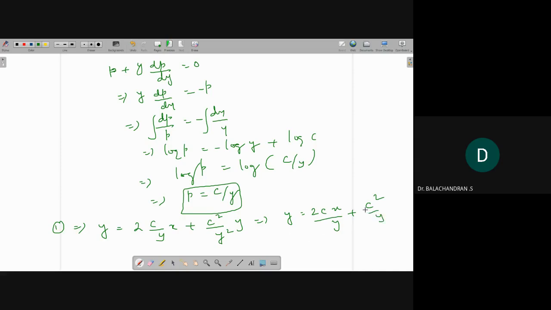Now throughout multiply by y, you get y square equal to 2cx plus c square, which is the general solution of the given problem. y square equal to 2cx plus c square.